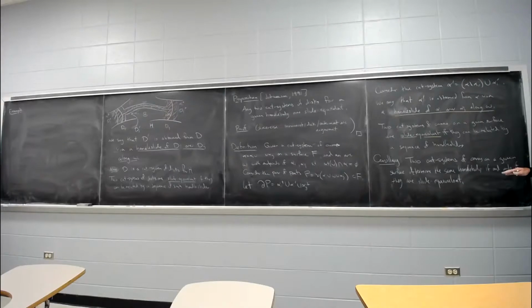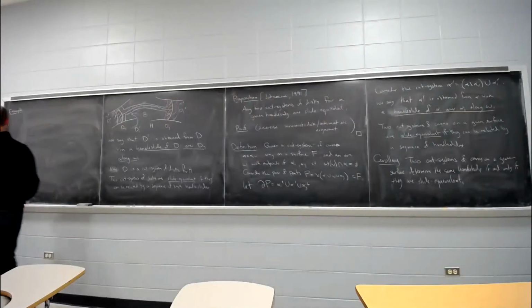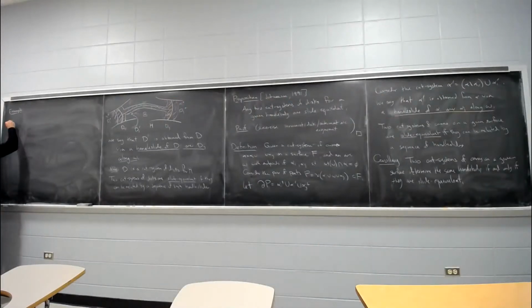So if I took two different surfaces and I took a cut system on each of them, maybe this is a good remark. I'll draw an example and then turn it over. But to answer your question before I get distracted: diffeomorphic rel boundary.